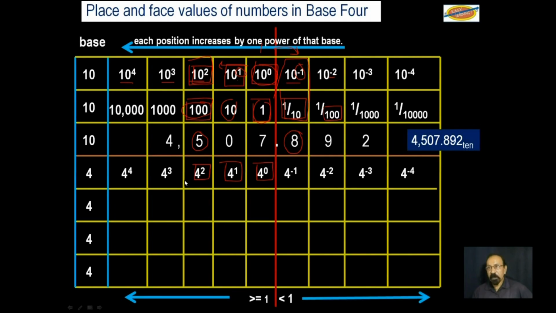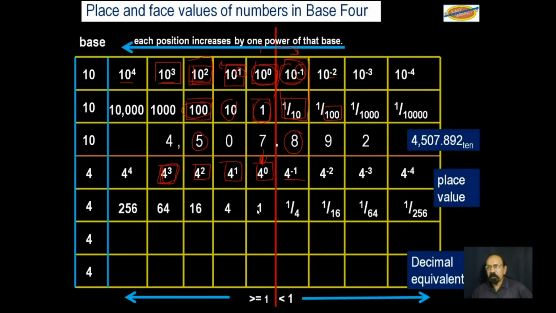We did it for base 10 2 videos ago. I am just comparing it now. And then this other position here is 4 to the third power, just like this here was 10 to the third power. And if you come on the right here, the right of that 1, over here is 4 to the negative 1, similarly as up here was 10 to the negative 1, and so on.